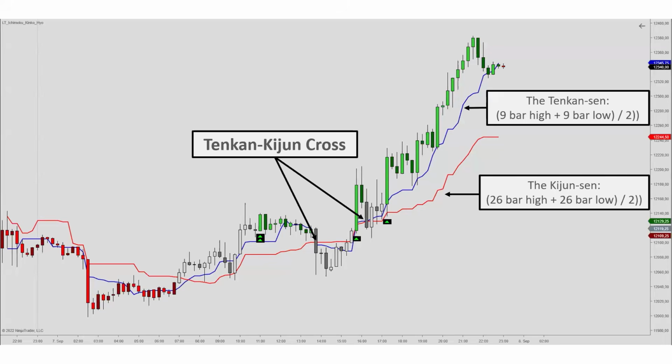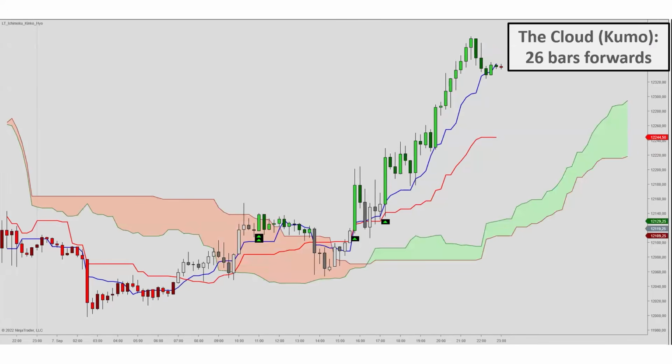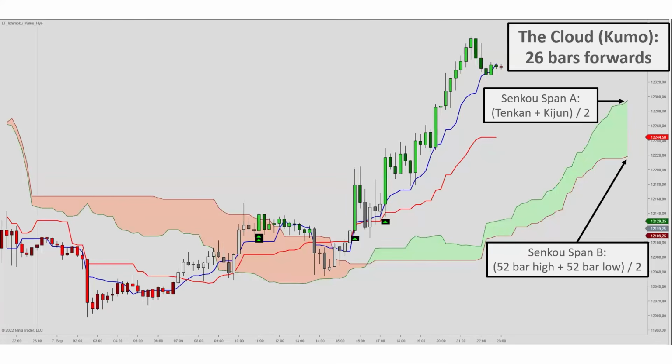So here's the Kumo, the cloud, the Ichimoku's most recognizable feature. That's 2 lines projected 26 bars into the future, Senkou span A and Senkou span B. The A span is the average of the Tenkan and the Kijun-sen, and the B span is the midpoint of the 52-period high and low.